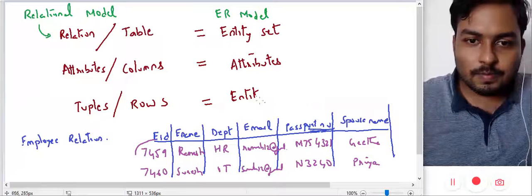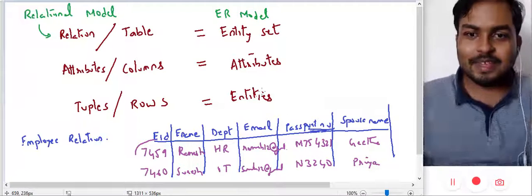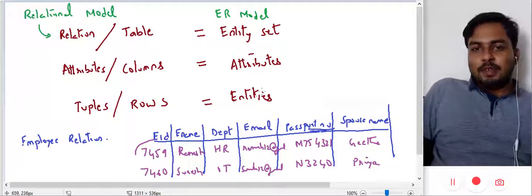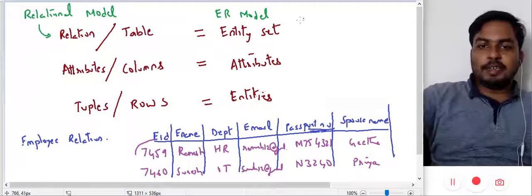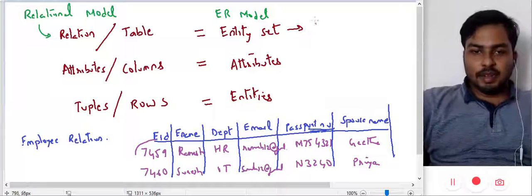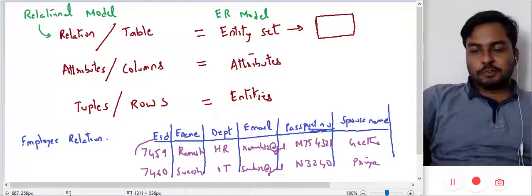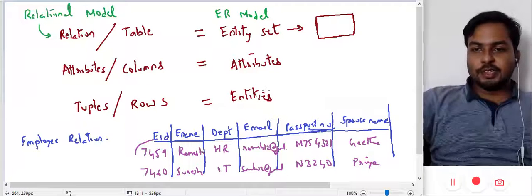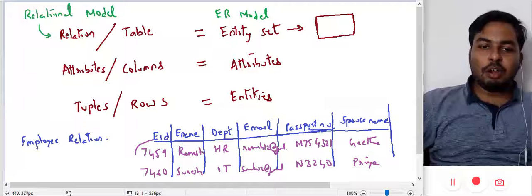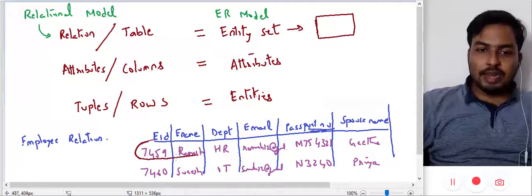How, sir? How can it be an entity? What did we discuss in the first class? An entity set is represented with a rectangle, right? And what did we say? There is no diagram for the entities. What is an entity set? A collection of similar entities. So each record, each row is one entity.